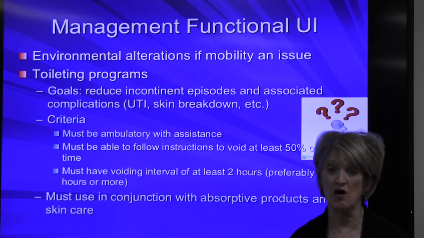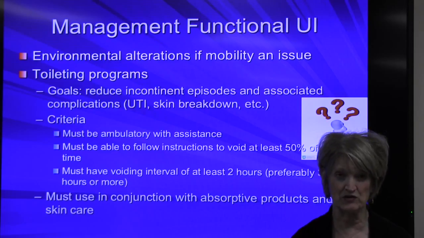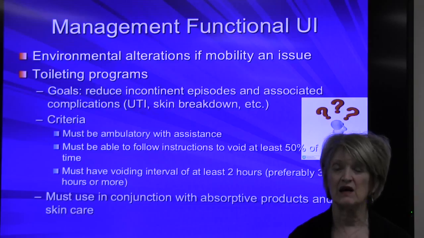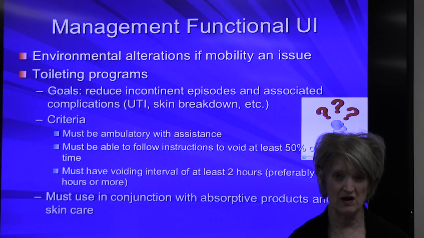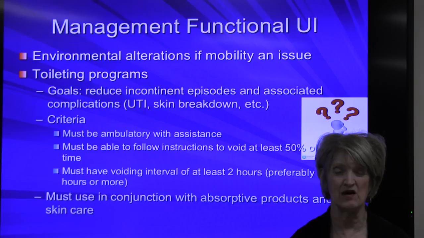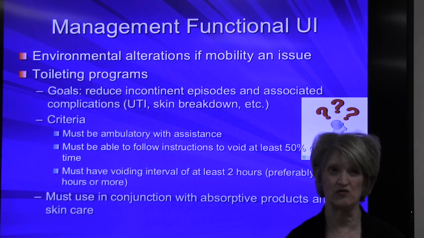But if I can walk them to the bathroom, then at least from that perspective, they're a candidate. They have to be able to follow my instructions. When I cue them to void, they have to be able to void at least 50% of the time, or I'm just wasting caregiver time taking them back and forth to the bathroom.